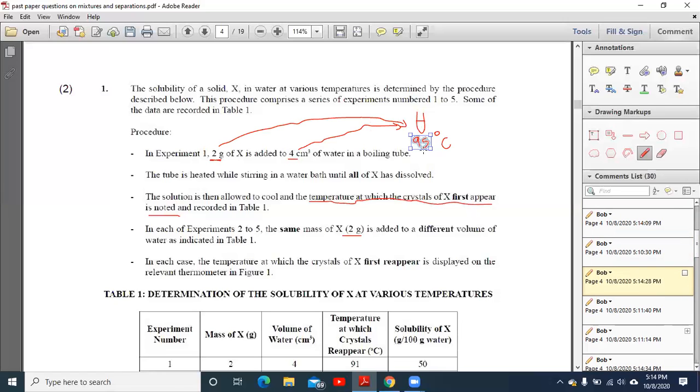And how we can assume that is because after it's cooled, it takes a while of the temperature decreasing before the crystals start to appear. So this solution that we have here is unsaturated.